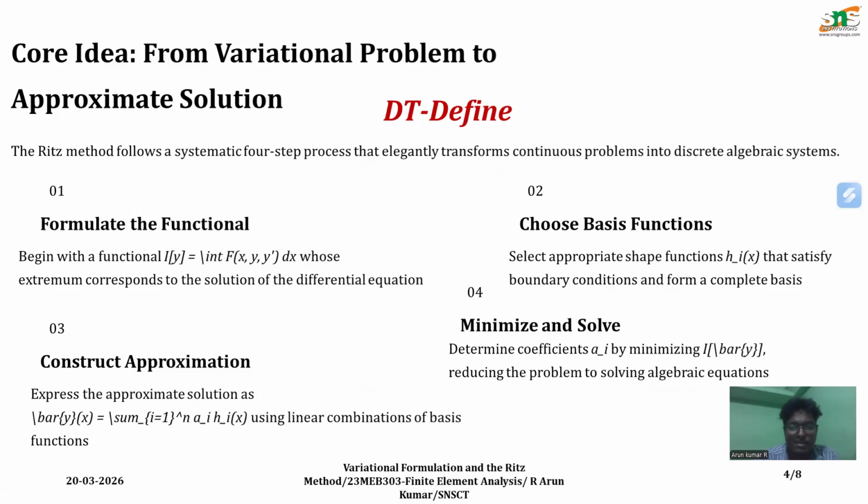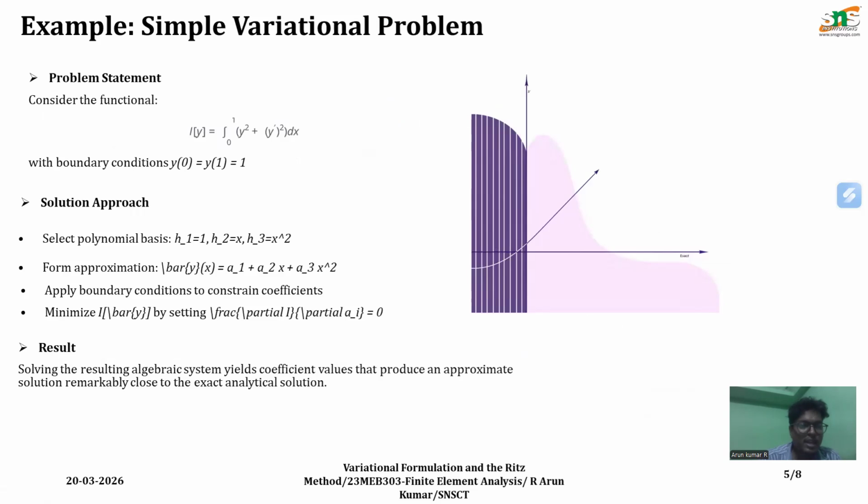Choose the basis functions: select appropriate functions that satisfy the boundary conditions and form a complete basis. Construct the approximation, expressing the approximate solution as a linear combination of the basis functions. Minimize the functional: determine the coefficients by minimizing, reducing the problem to solving algebraic equations.